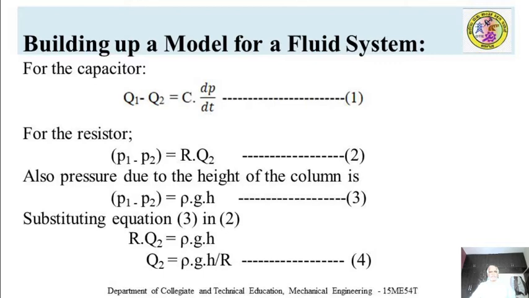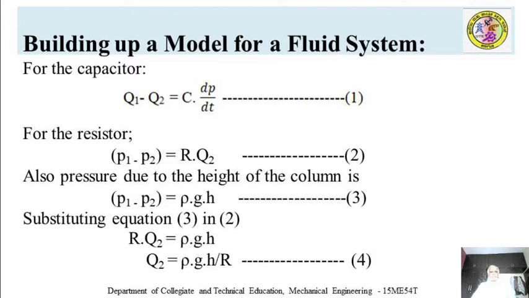For the resistor, P1 minus P2 equals RQ2, where R is the hydraulic resistance, P1 minus P2 is the difference in pressure, Q2 is the rate of flow at the outlet. But pressure due to height of the column is given by P1 minus P2 equals rho GH, where H is the height of the column, which is also the head of the liquid.